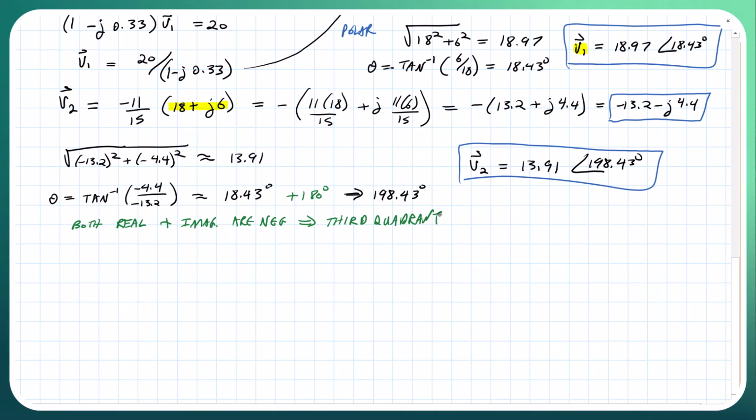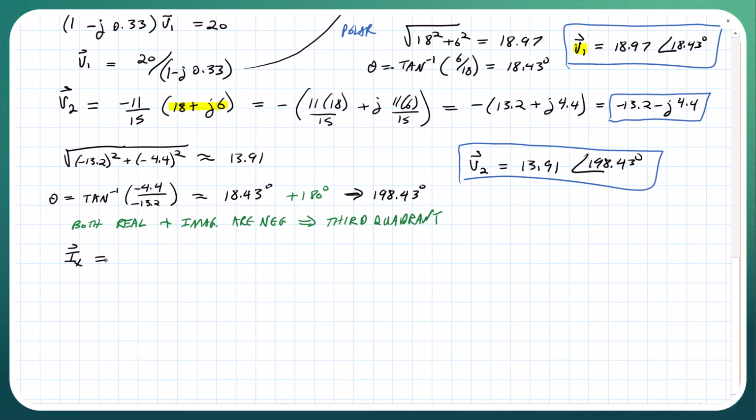Okay. So now we have V1 and V2 in terms of polar coordinates, but now we still need to figure out our I.